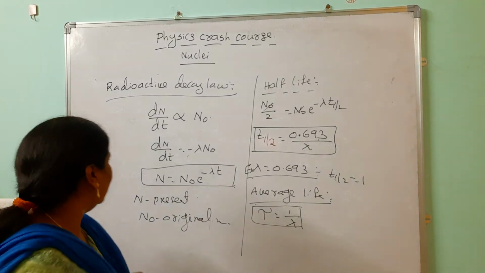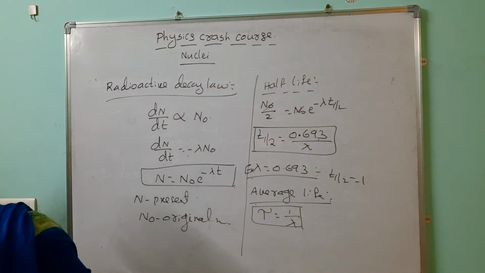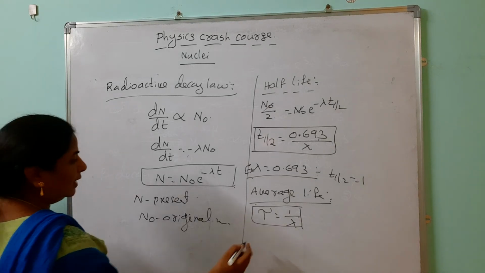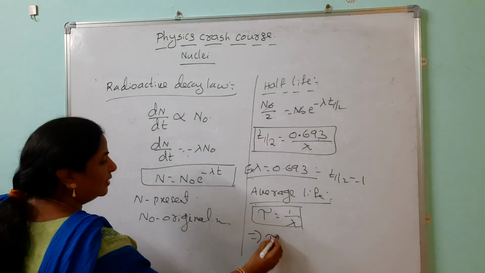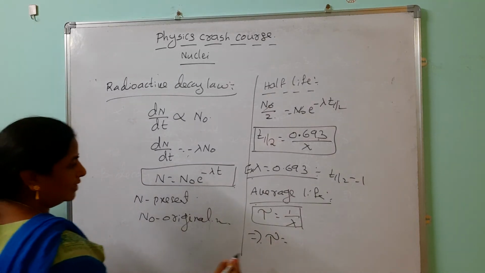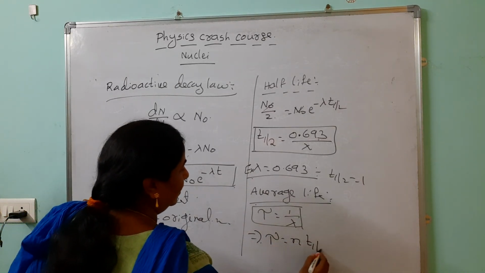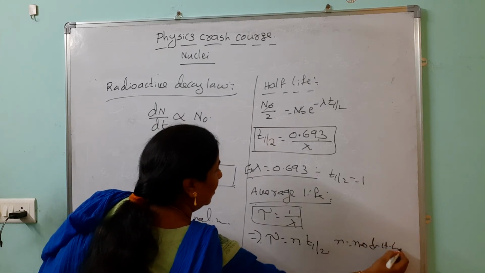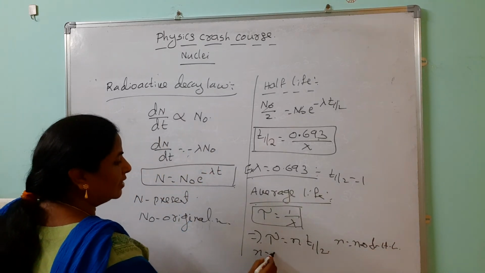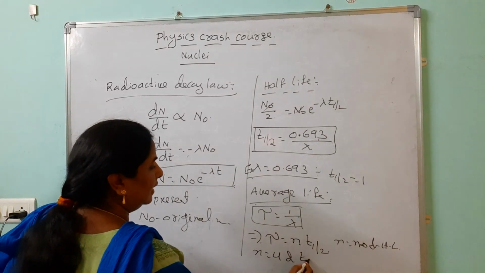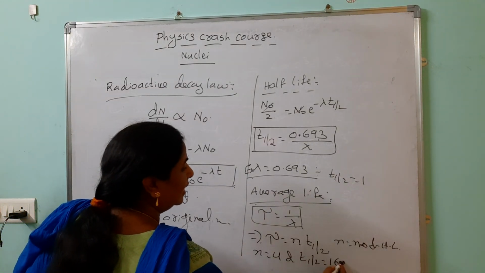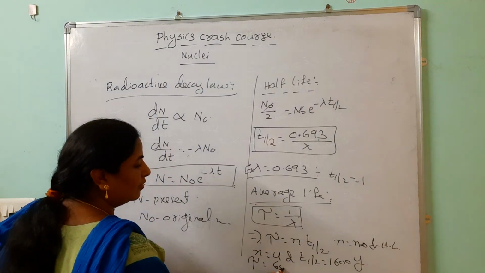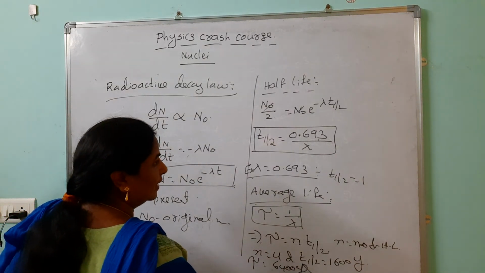And remember the relation between average life and half-life: T equals n times T half, where n is the number of half-lives. Suppose n equals 4 and T half equals 1600 years. Then what is the average life? 6400 years. Like that you can calculate.